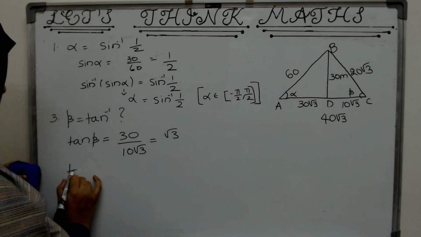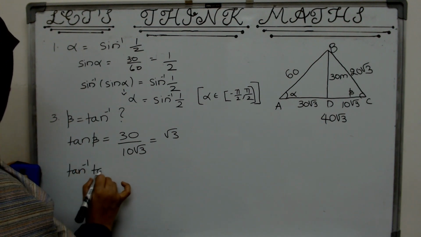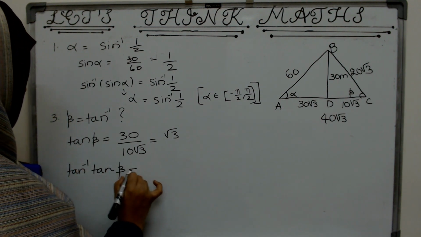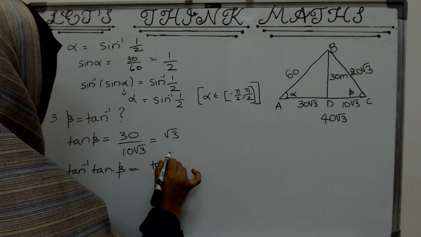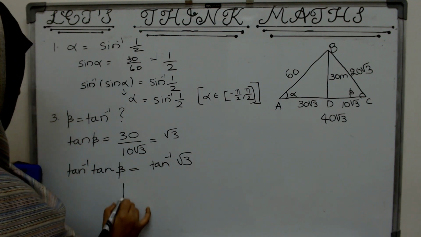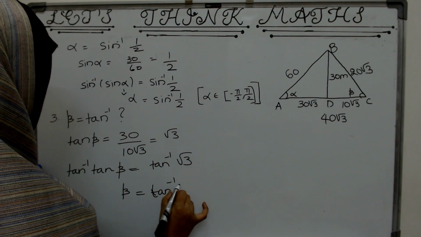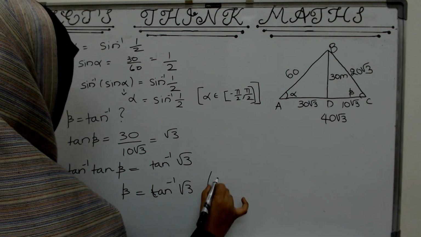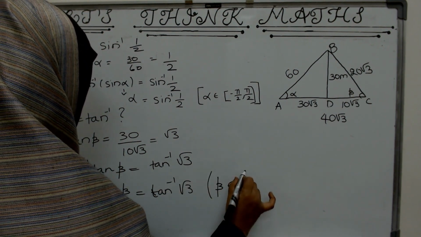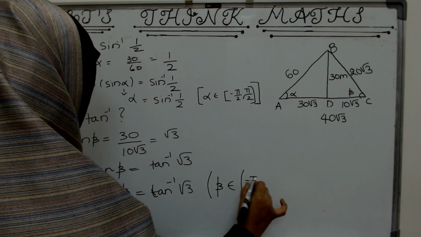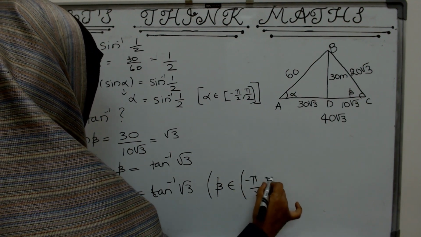So taking tan inverse on both sides, beta is equal to tan inverse of √3, but please notice this is possible. Why? Because beta lies in the open interval -pi by 2, pi by 2.